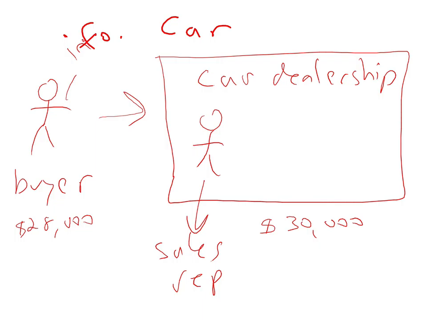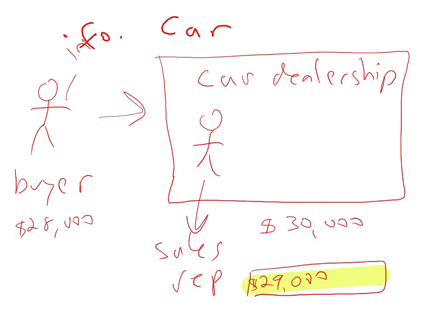So you go back and forth, and then finally the sales rep says to you, tell you what, it's yours for $29,000. The thing about this is it's a known price. You know you have to pay $29,000 for this car. So you know that up front. Known price. Remember that.